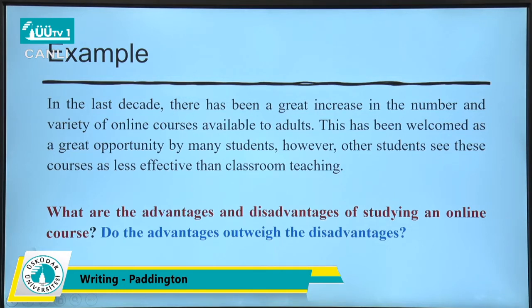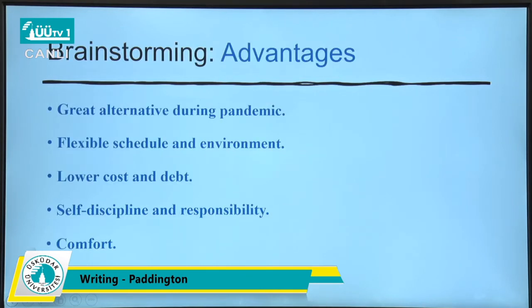So the important question is, are online courses' advantages or disadvantages for students or adults? For example, there is a list of advantages that I found and I just wrote. You may use these, or you may also develop your own brainstorming section, your own ideas.